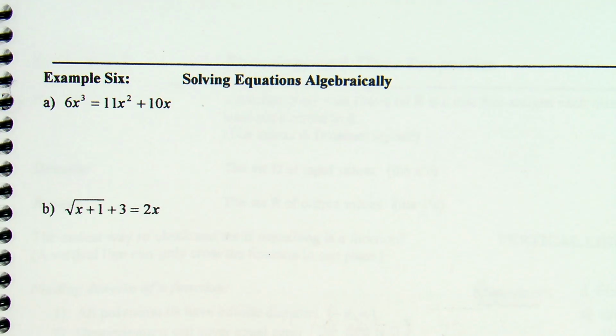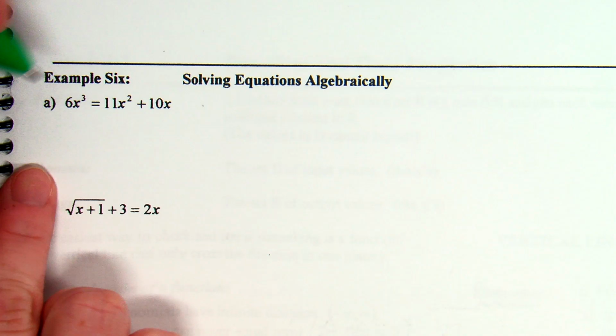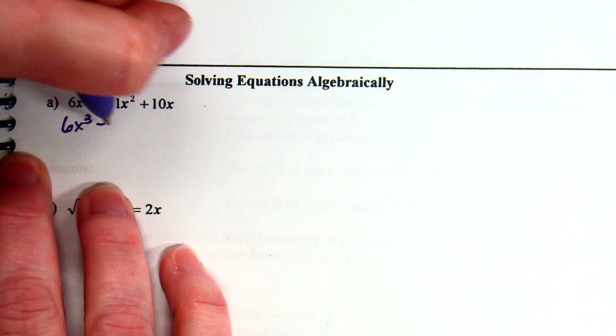I like it. Let's make it equal to 0. So now, as I say make it equal to 0, is it okay if I keep the 6x cubed there and move everything else over to join it? I like my first term to be positive. And I guess I know where I'm going with this problem, which is why I prefer the first term to be positive.